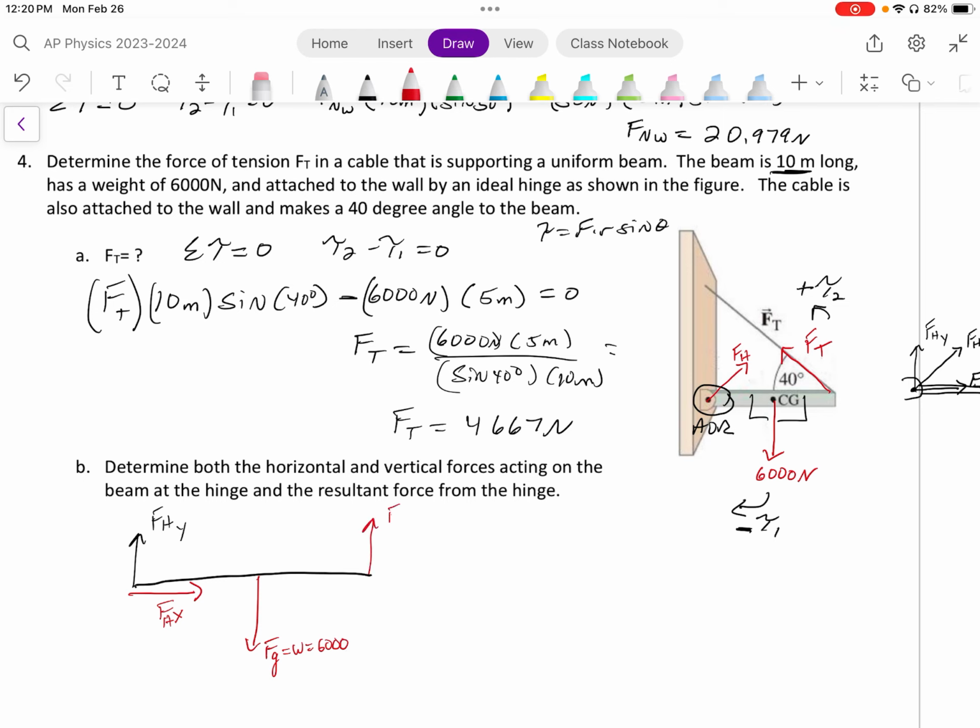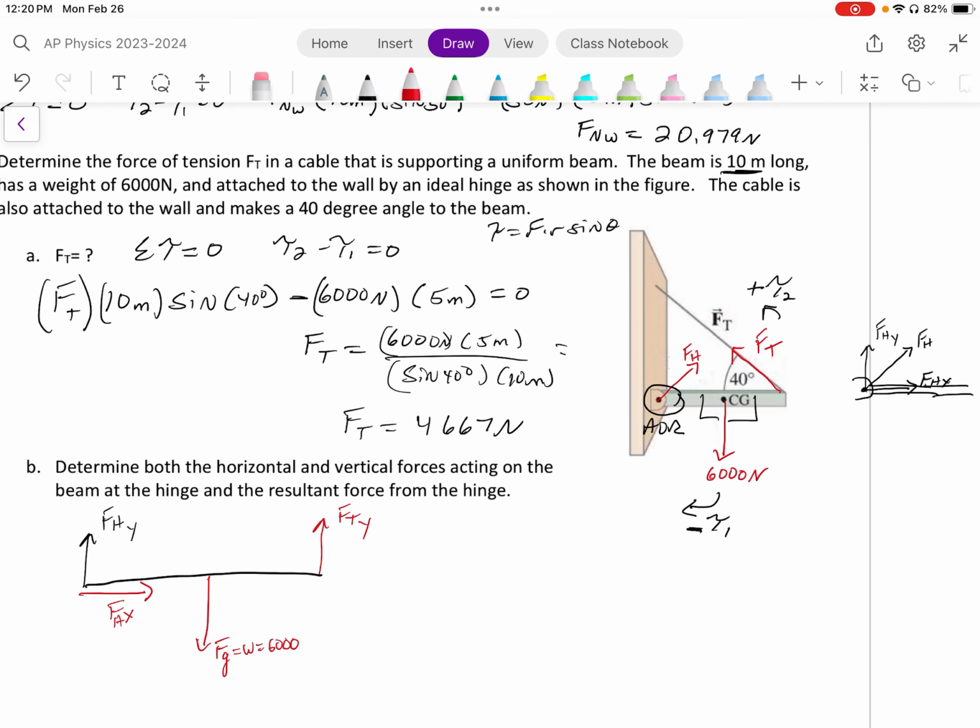I have force of tension in the y direction, which is opposite of 40, so that'll be Ft sine theta. And then I have a piece of that force of tension in the x direction, adjacent to that angle that was given, so that'll be force of tension times cosine theta. So now we actually know the force of tension, so the components of force of tension in the x and y are known quantities.